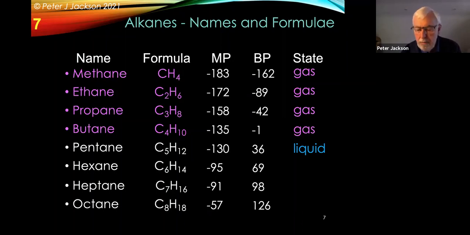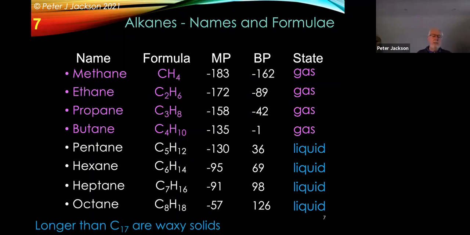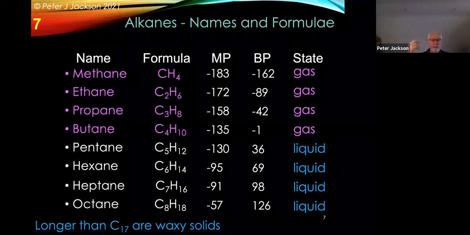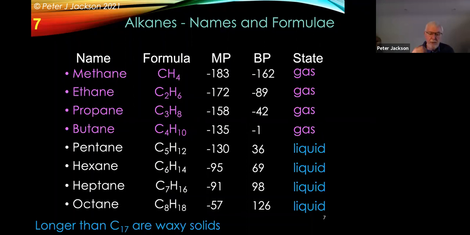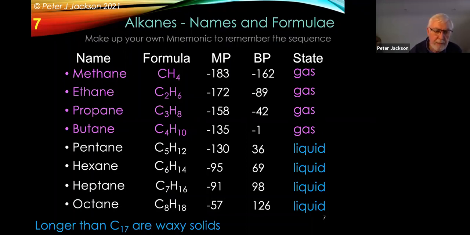But at room temperature, 20 degrees, it won't. And then those are liquid. When you get longer than carbon 17, they tend to be waxy solids. And remember, ane tells us it's an alkane. Meth, eth, prop, but, pent, hex, hept, oct tell us how many carbons are present.